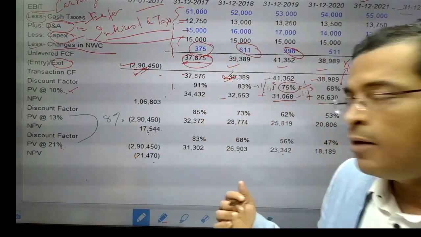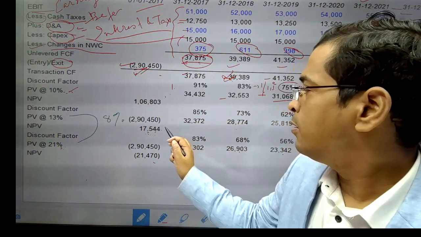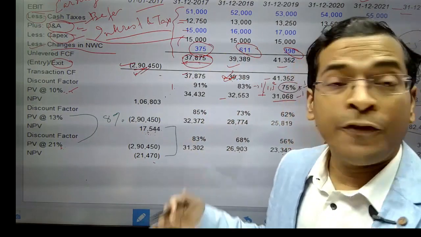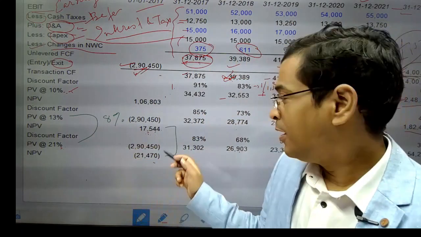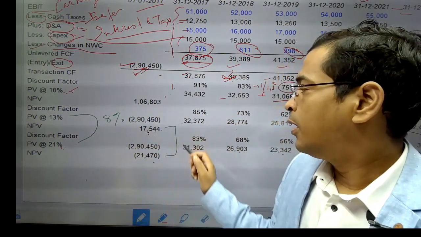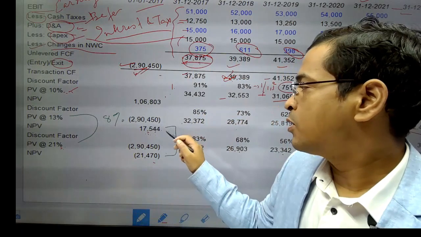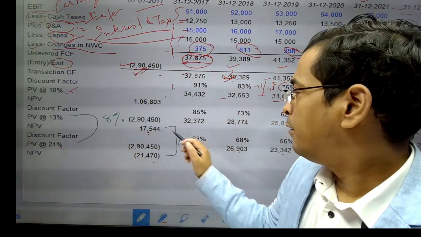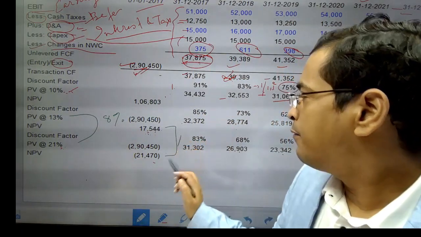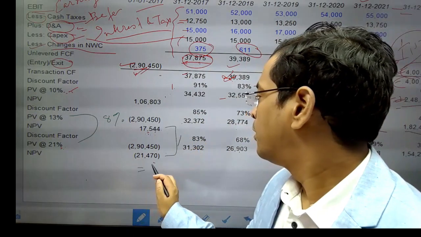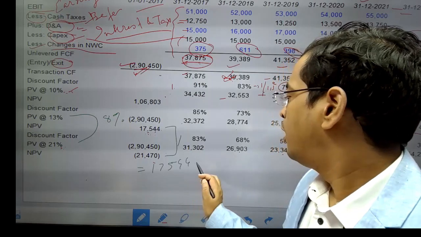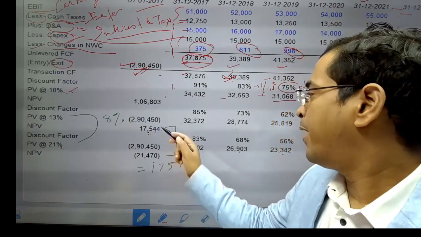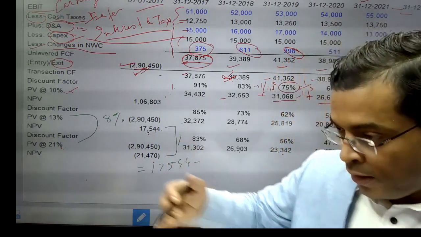Now we also have to find out the difference between these two cash flows. Of course, we know that when we apply a higher discount rate, it is going to be negative. So the net difference between this on the number scale is how much? If we take 17,544, and we subtract the other value to take the numerical length.